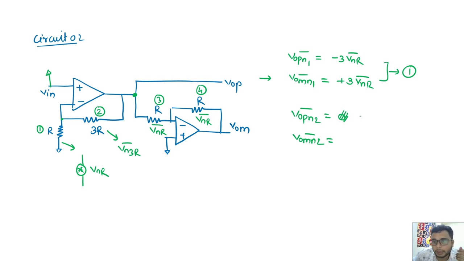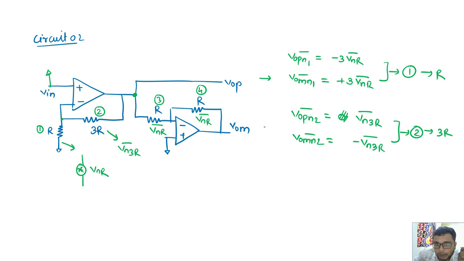It is directly Vn of 3R, so it will be minus Vn of 3R. So due to this 3R resistor, which we call 2, this is due to resistor R.